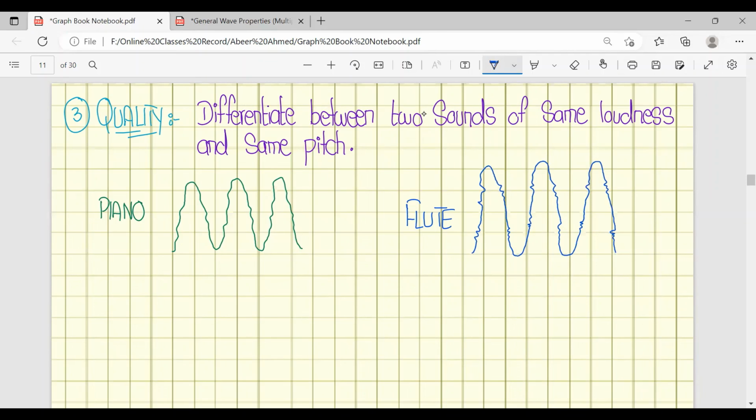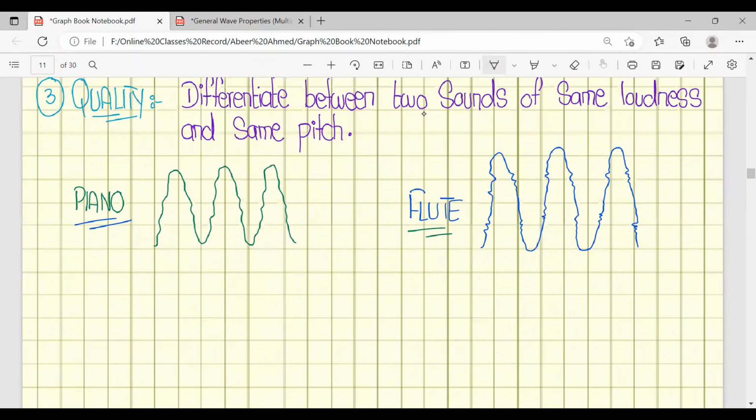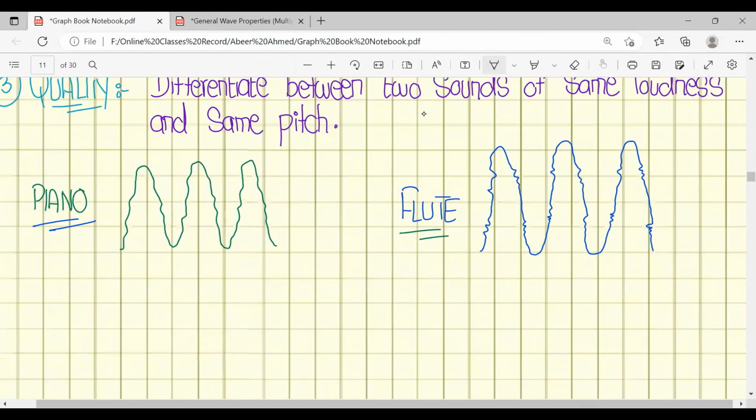So these two sound waves are, suppose, the same in loudness and the same in pitch. Now how can we identify the difference between these two sounds? Any idea? No. Okay. If you observe, there is a different shape or orientation of waves in both examples.